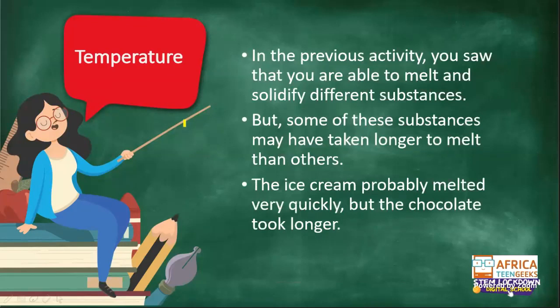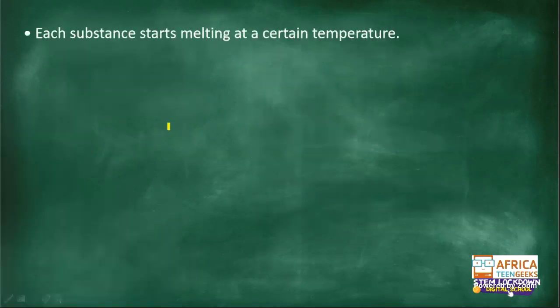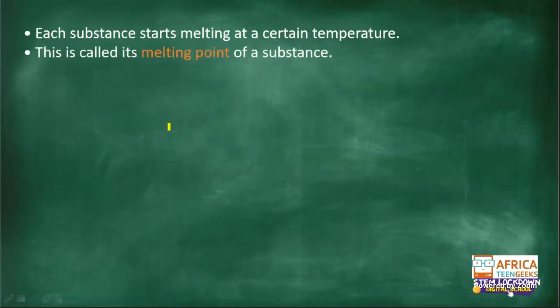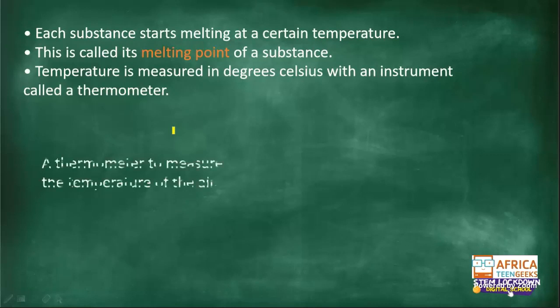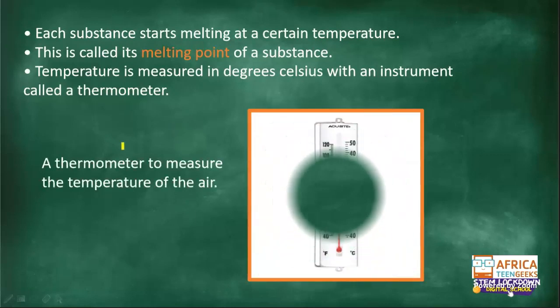Now the ice cream probably melted the quickest, but the chocolate took longer. Now each substance starts melting at a certain temperature. Now when it starts melting, we call that the melting point of a substance. Temperature is measured in degrees Celsius with an instrument called a thermometer, which I think you are all very familiar with.